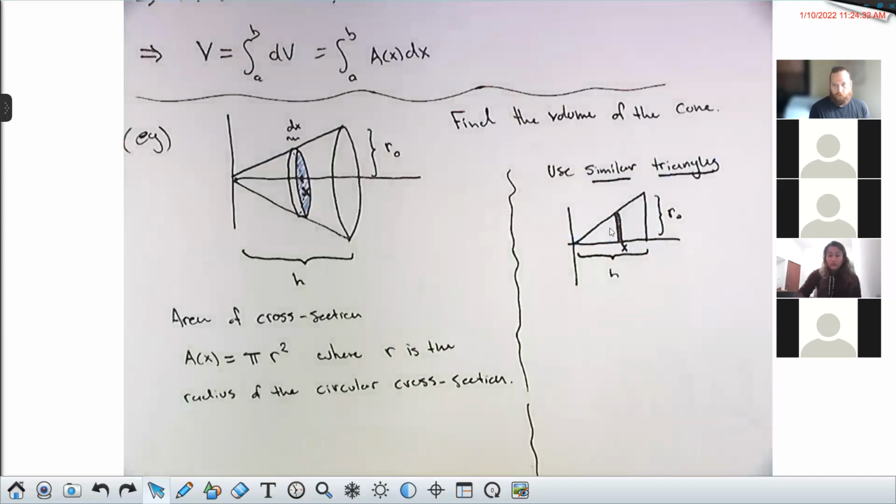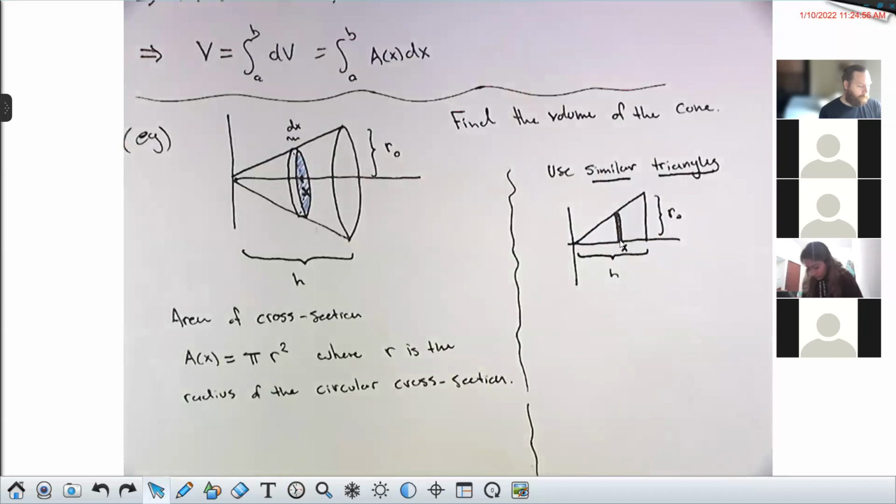So they must have all three being the same angles, right? Whatever this angle is, this 90-degree angle, those are both shared, which means this angle and this angle have to be the same. These triangles, the big right triangle here and the little right triangle here, are similar, which means their ratios of side lengths are the same.